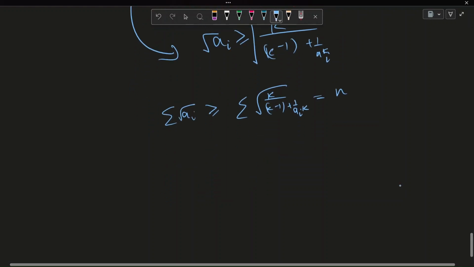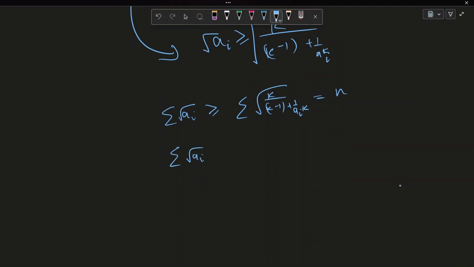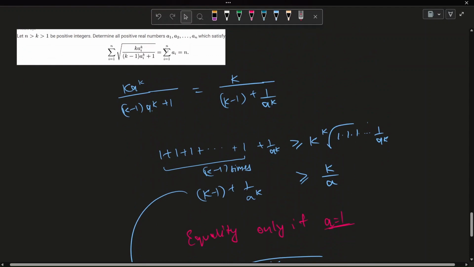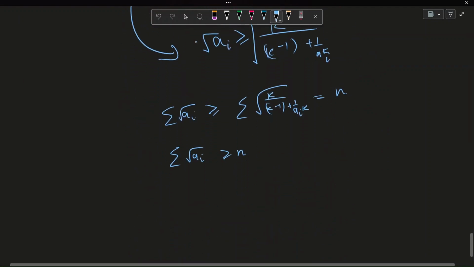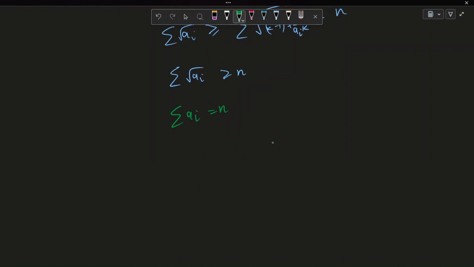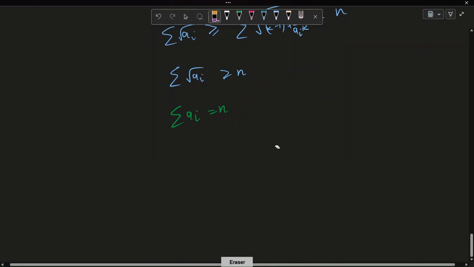So what we get basically is that the summation of square root of ai is greater than or equal to n. Okay, and notice that again by the problem condition we have here, summation of ai is equal to n. So let's try to work out something from these two conditions.